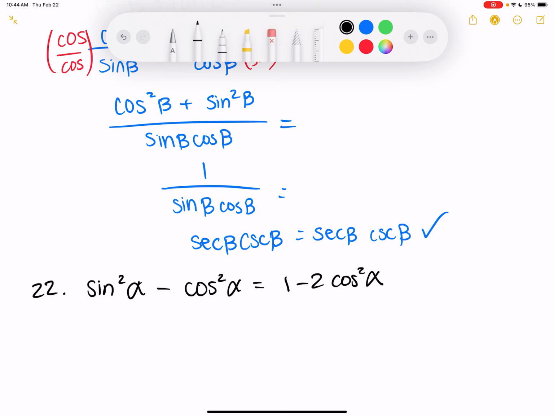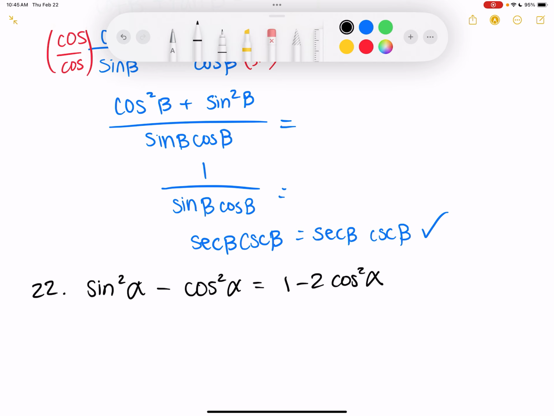So I don't think that the sine minus cosine is one of those identities, so I guess we could just do the sine one and the negative cosine one. I don't know.